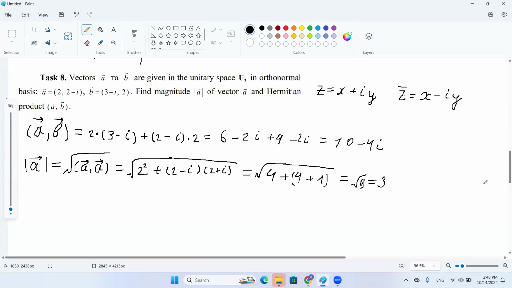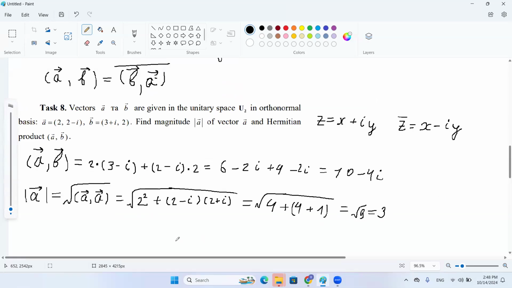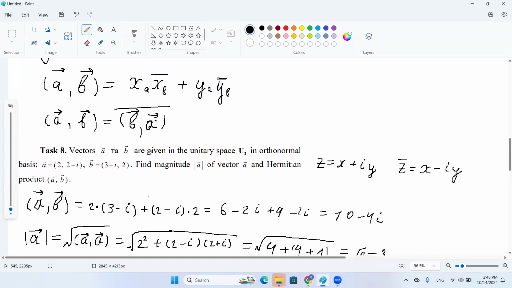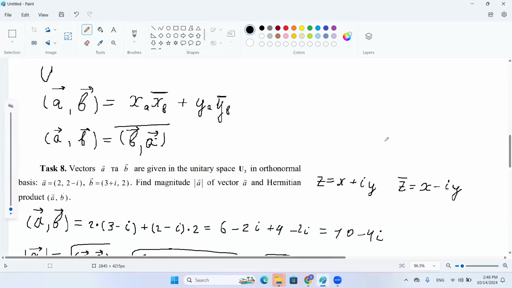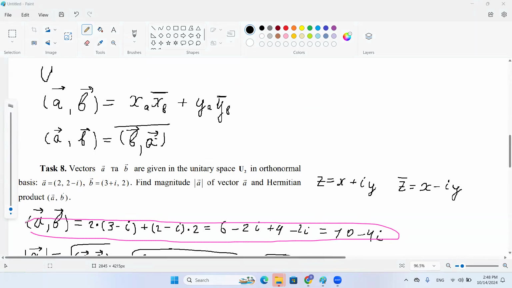Why do we change the sign in 3 minus I, but we don't change it in 2 minus I? So you mean this part, A by B, right? Yes.